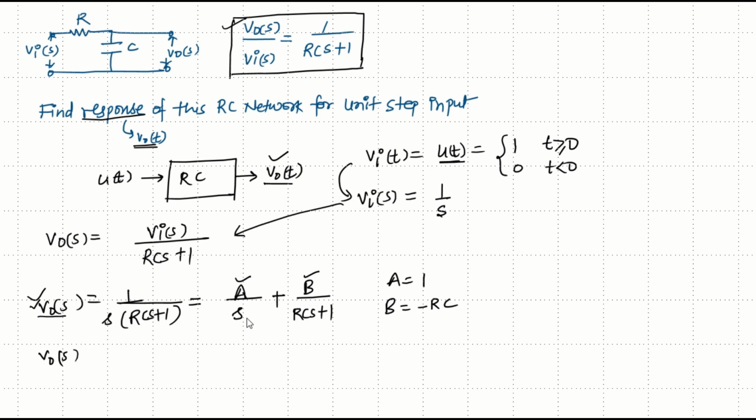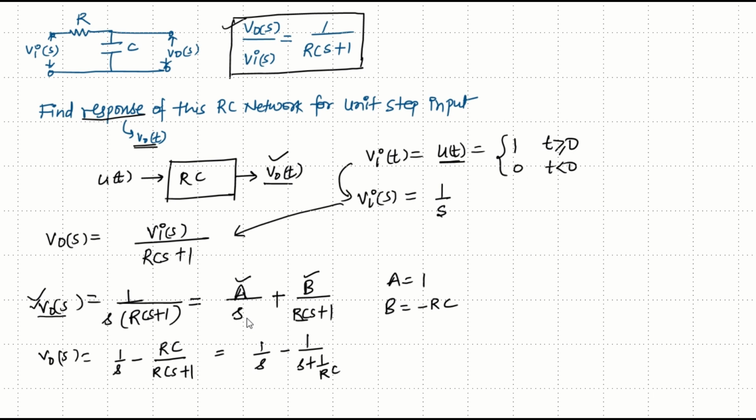V0(s) is 1 by s minus RC by (RCs plus 1). This can be further simplified to 1 by s minus 1 upon s, taking RC common, or rather this will be plus 1 by RC.